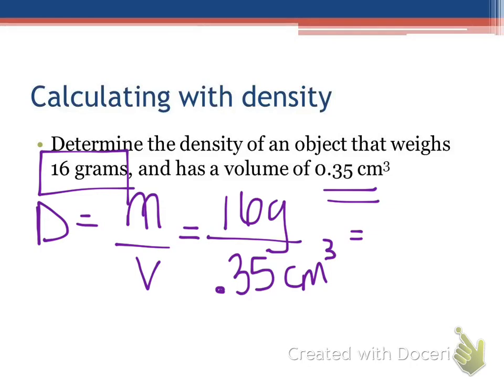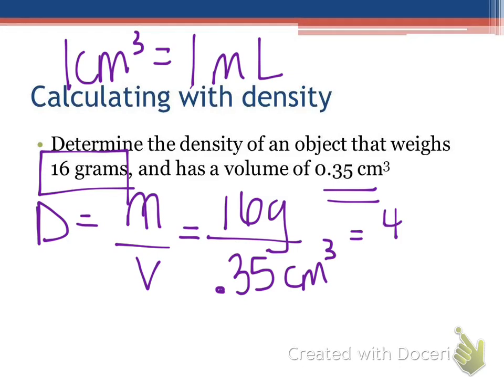One centimeter cubed is equal to a milliliter. So 1 cubic centimeter equals 1 milliliter. Okay. So what did we get for our answer here? 0.457. Yep. And what would our units be?